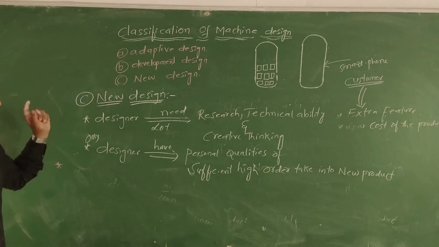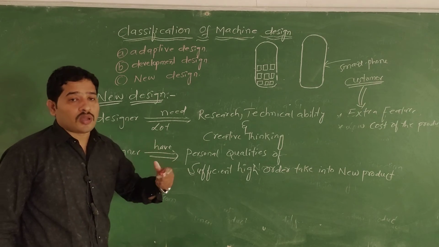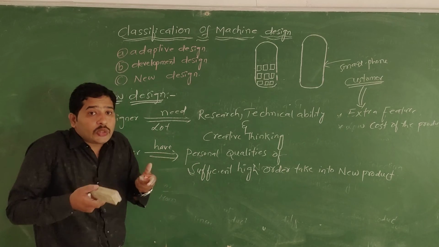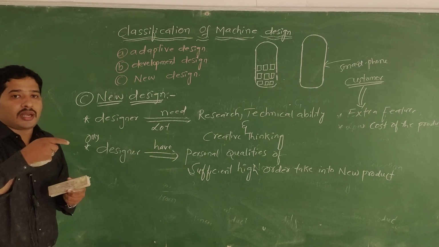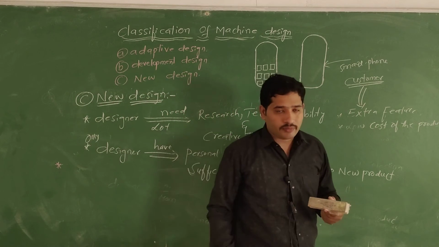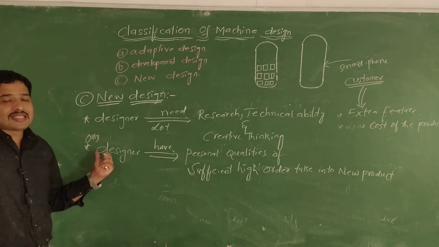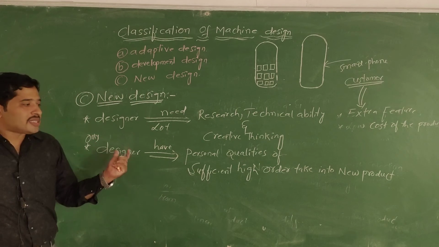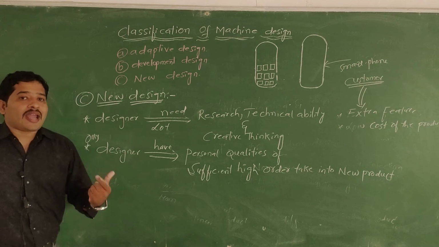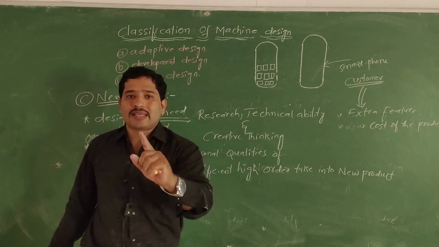So in the new design, the designer needs a lot of research work. We have to apply technical ability and creative things in making any type of prototype model. After that, only the designer has such personal quality and sufficient high order to take up into the new product. Only the designer has it.